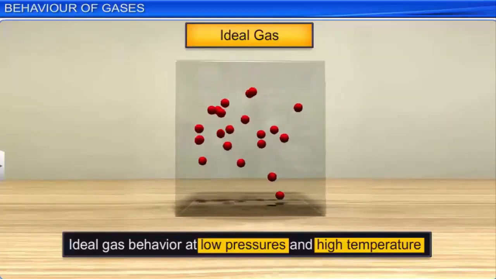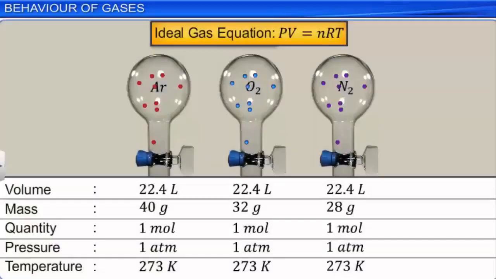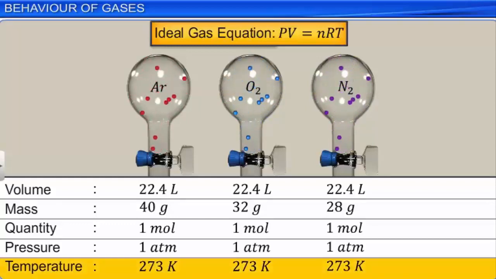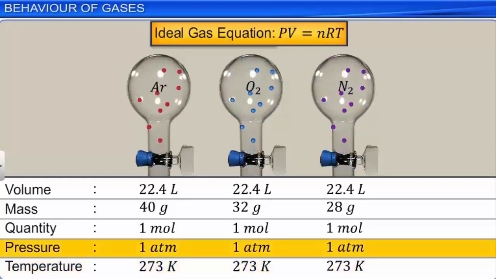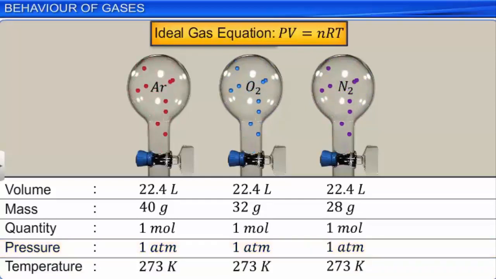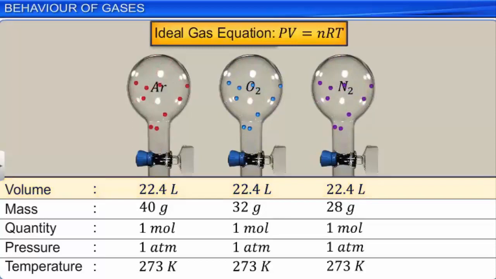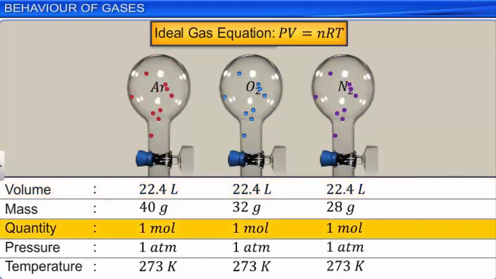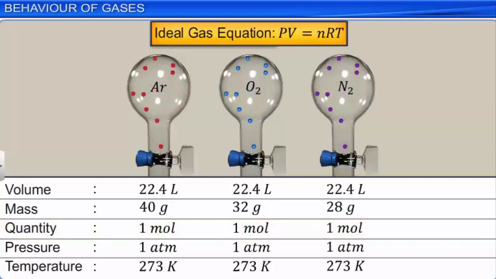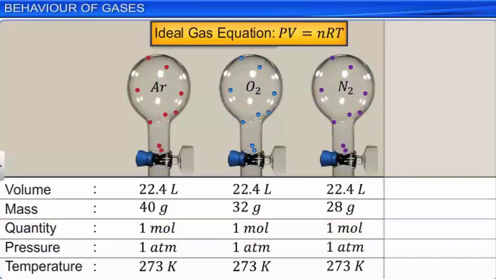From the ideal gas equation, we can say that at constant temperature and pressure, equal volumes of different gases contain an equal number of molecules. That means for an ideal gas, V by N is constant.